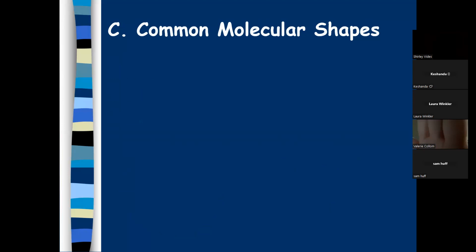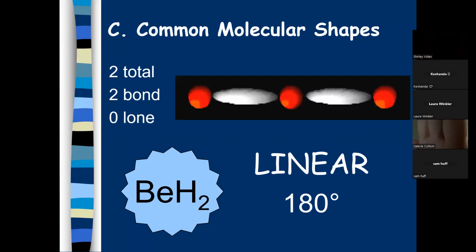Oh, and by the way, there's a special name for mine when I do these, and this is because I learned it that way, but I call them AB. Let me put it a little darker. Yeah, like A, for A is the central atom. That's what it represents. B is the bonds, and there are 2 of them.